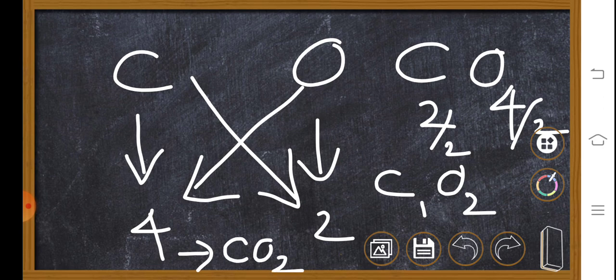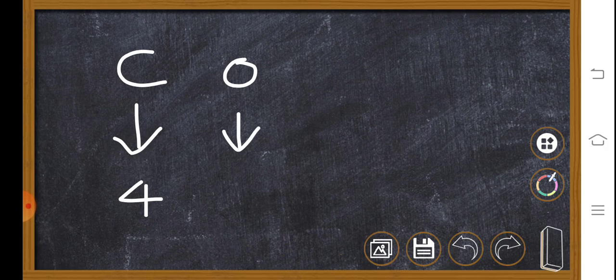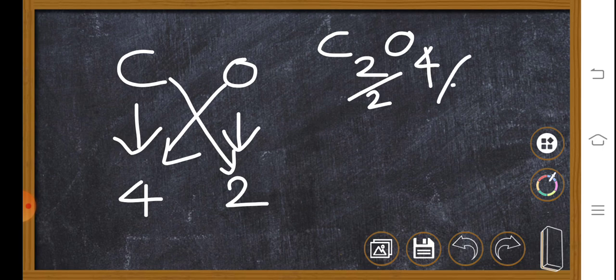I think it is clear. First we write the chemical symbol and its valency: carbon has 4 and oxygen has 2. We cross the valencies like this, and we get C2O4. These 2 and 4 can be divided by a common number, 2.